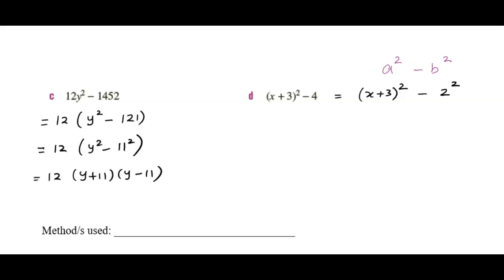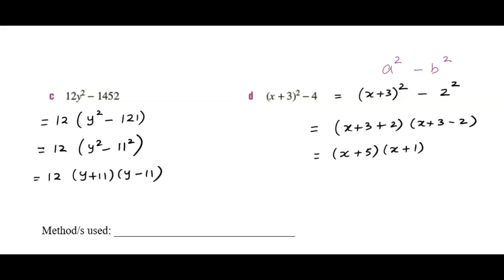And that's going to factorize as a plus b times a minus b in this particular format. So x plus 3, which is my a, plus b, which is 2, times x plus 3 minus 2. We can further simplify this. Obviously we have like terms inside each of the brackets: 3 plus 2 giving us 5, simplifying the first bracket as x plus 5, and 3 minus 2 giving us a positive 1, which leaves us with the second bracket as x plus 1.